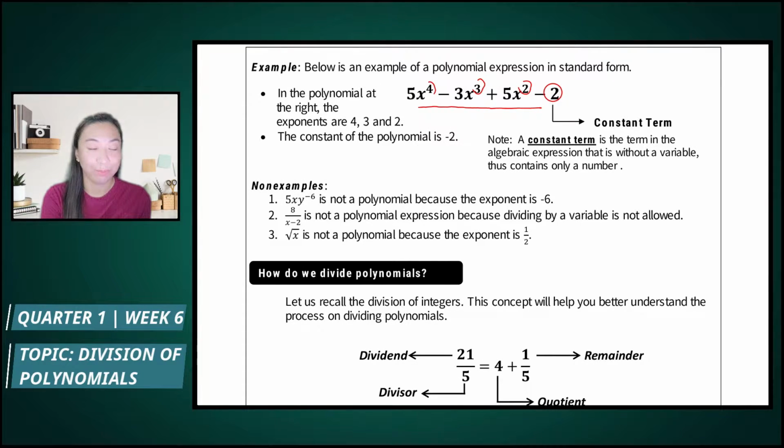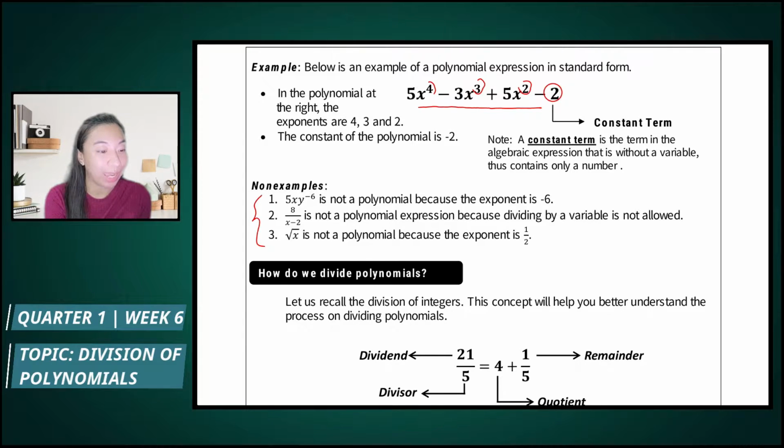The three examples below are not polynomial expressions. Let us figure out when we can say that the given is not a polynomial expression. Number 1, 5xy raised to negative 6 is not a polynomial because the exponent is negative 6. In general, if the exponent is negative, it cannot be considered a polynomial expression.